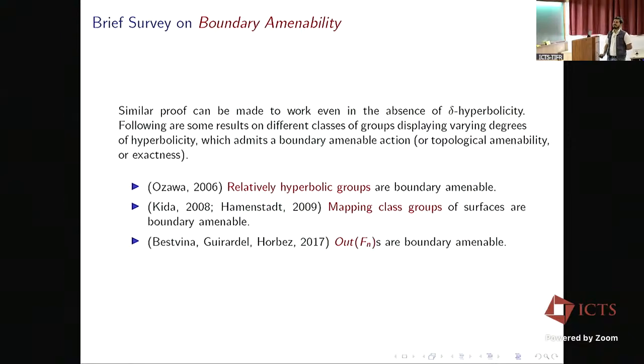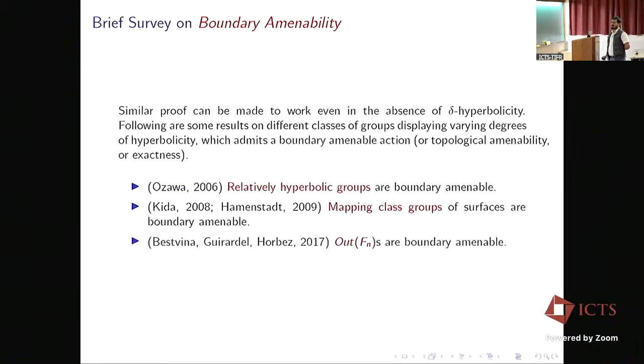Kida proves it on the boundary of the curve complex. So I will be spending some time on the proof of Kida. Hamenstädt's proof I will not be discussing here, but this is a result at a similar time, and mapping class groups are boundary topologically amenable.